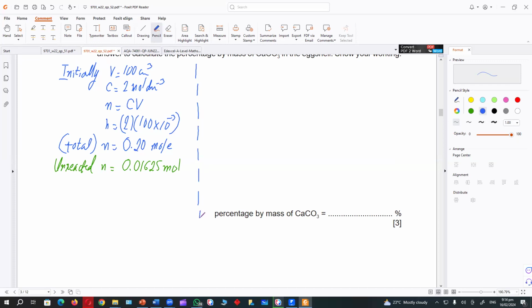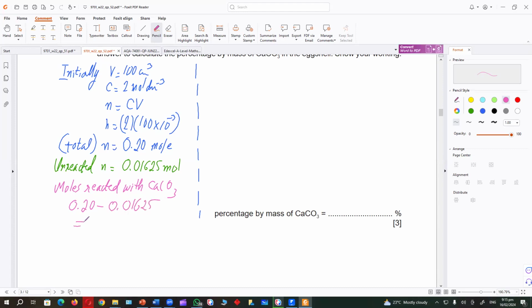Now, the moles which have reacted with calcium carbonate is 0.20 minus 0.01625.